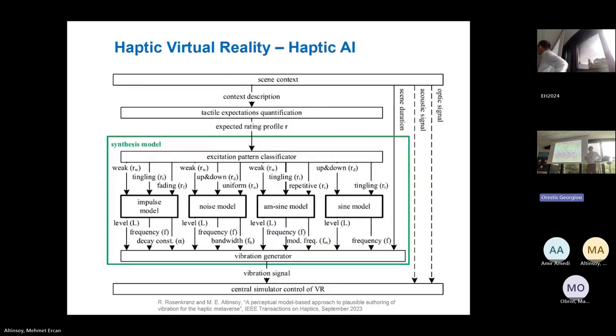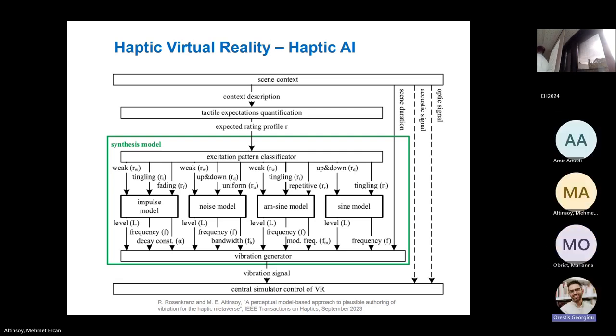Actually, if you know the user's expectation very well, then your AI model is trained for it. Therefore, it needs some time to make the training. There are also unsupervised systems which we use.